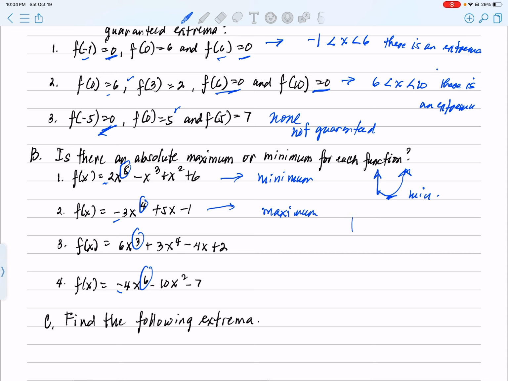Because let's say I'm doing one endpoint here and the other endpoint, how many turns would that be? You have a degree of 4. So it's facing down. You have a maximum. How many maximums you're going to have depends on the degree of 4. Here in number 3, you have an odd degree. So none.